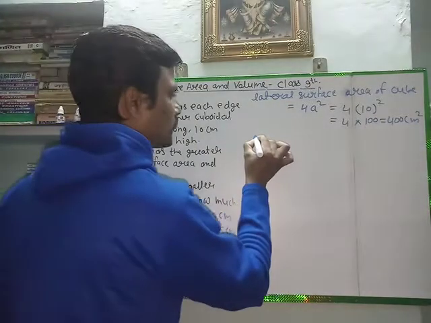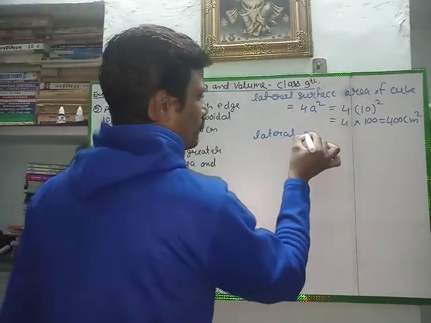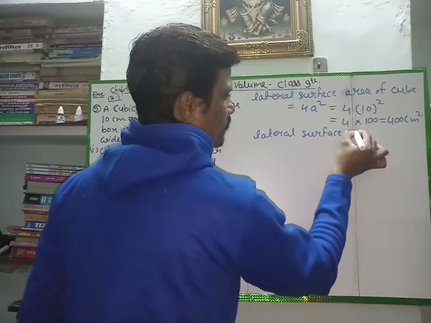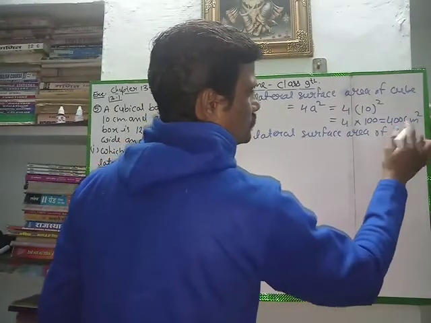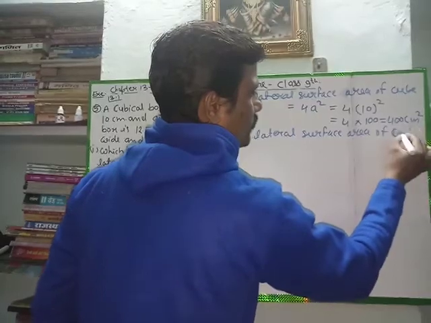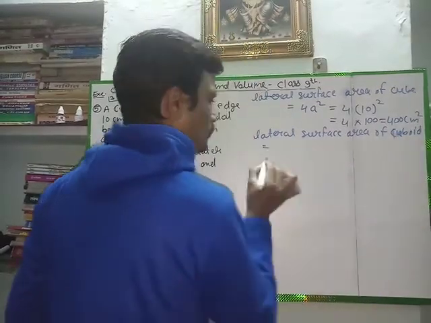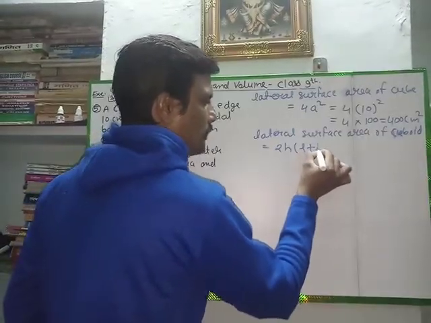Now lateral surface area of cuboid. It is 2h(l plus b).